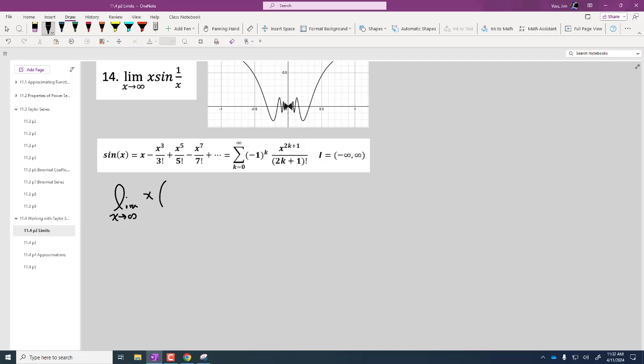How do we get the power series for sine of 1 over x? Just plug in 1 over x. Right? We're going to replace all the x's that we see with a 1 over x. So we have sine of 1 over x. And all that this is going to do is put the x's into the denominator.